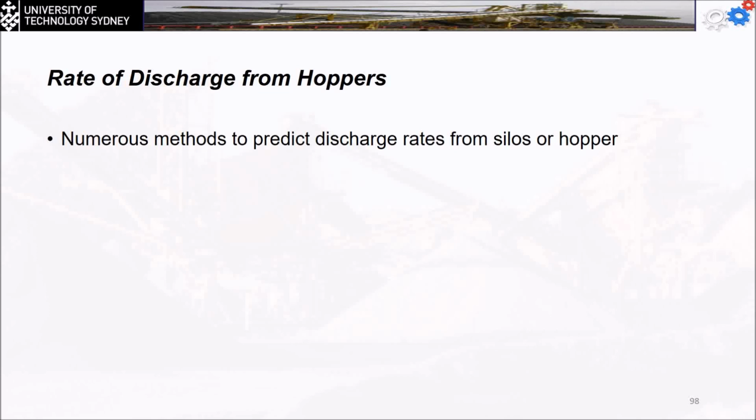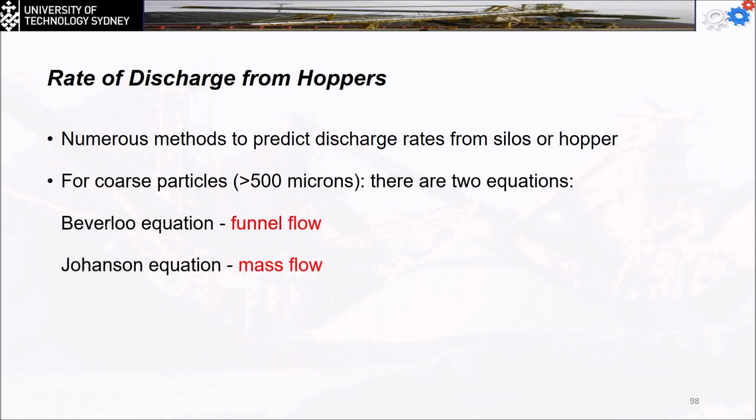So we have numerous methods to do that, depending mainly on the minimum practical particle diameter. If the powder should be different from the bigger particles, like the sands or the gravel or whatever the thing is. So for the coarse particles, where the diameter is more than 500 microns, there are two equations.